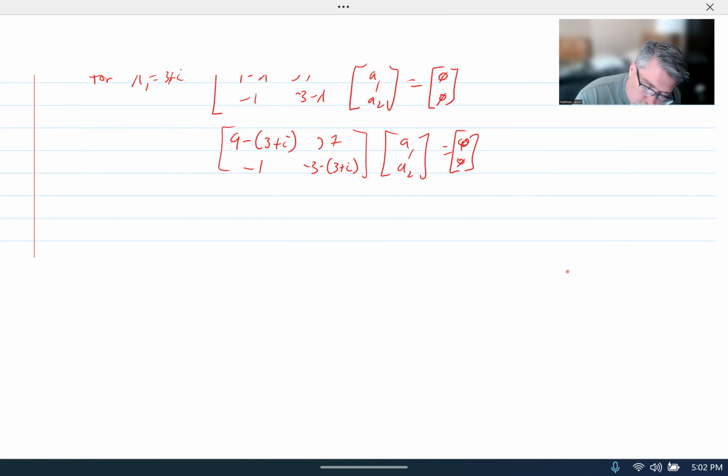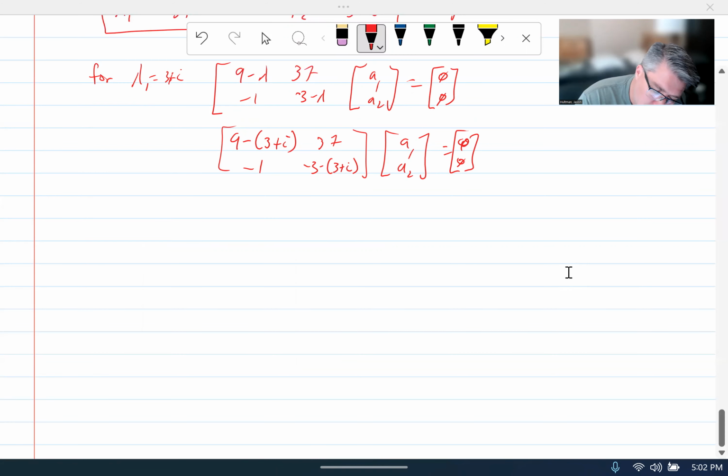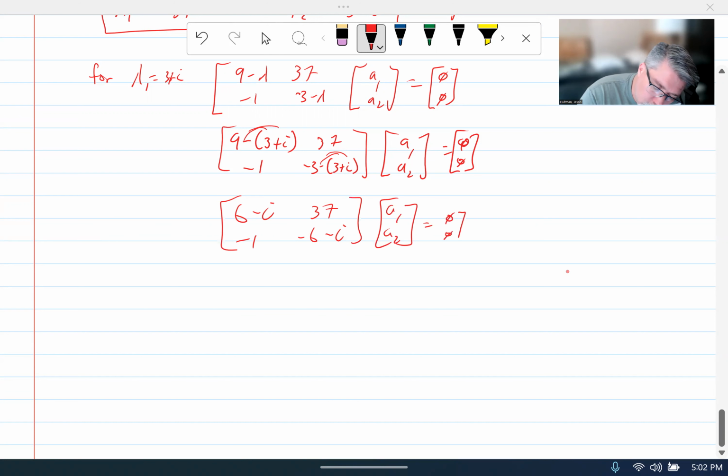And I can simplify if I distribute the negative. I get 6 minus i, 37, negative 1, and negative 6 minus i, times (a1, a2) equals (0, 0). Okay, so now let's multiply this out. This is (6 minus i) a1. Whoops.